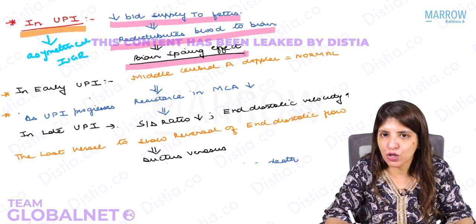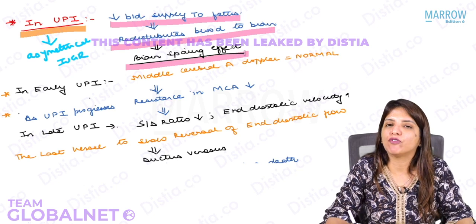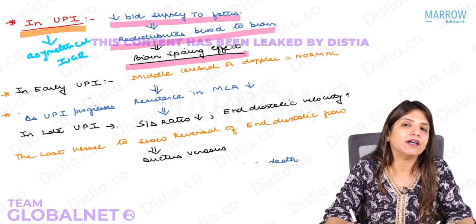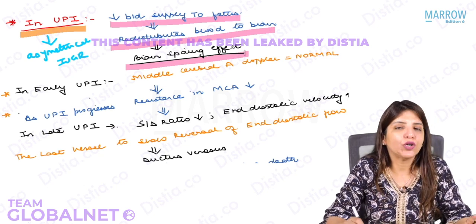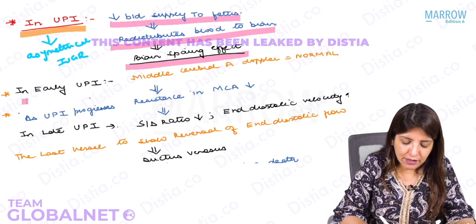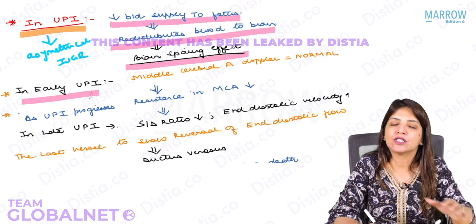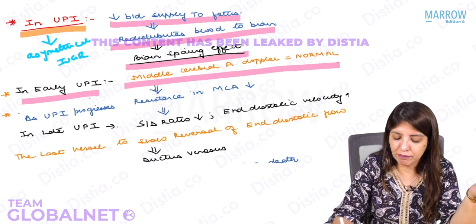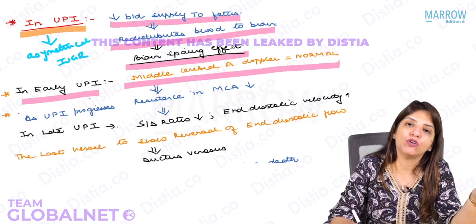So, if I ask you that there is a case of uteroplacental insufficiency, early in the disease, in early cases, should you go for middle cerebral artery Doppler? No, because in early uteroplacental insufficiency, because of the brain sparing effect, the middle cerebral artery Doppler will be normal.